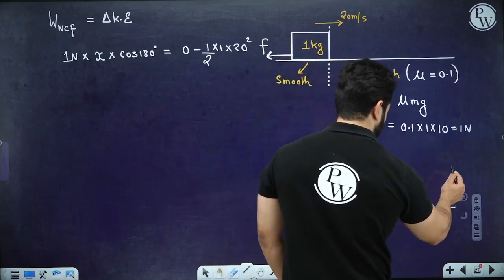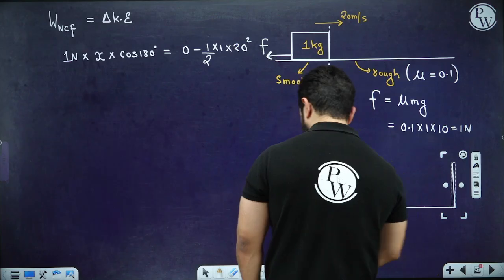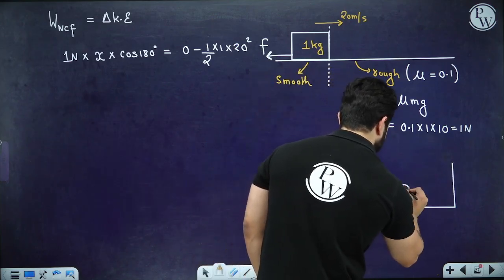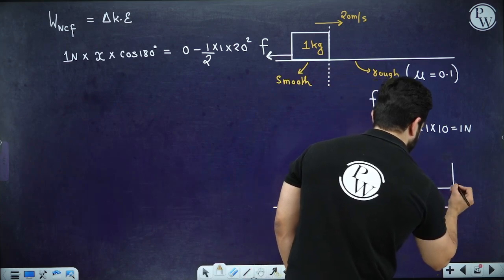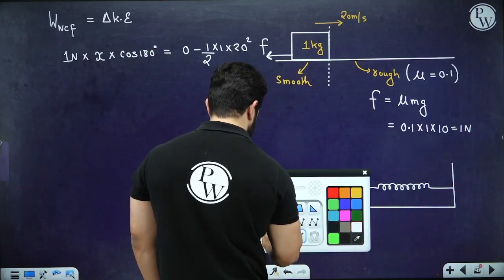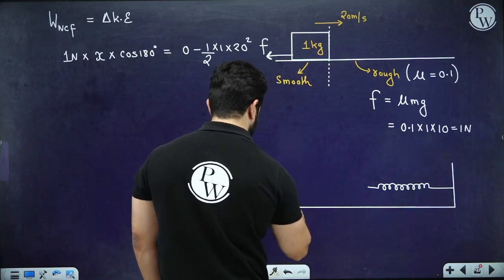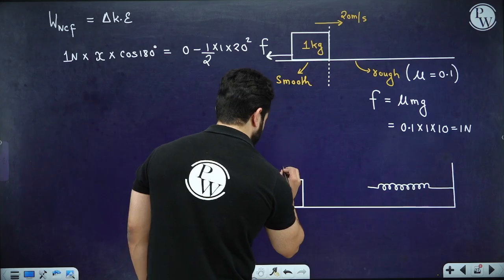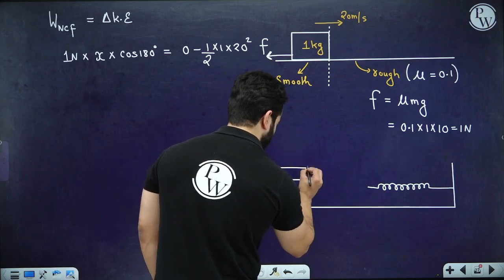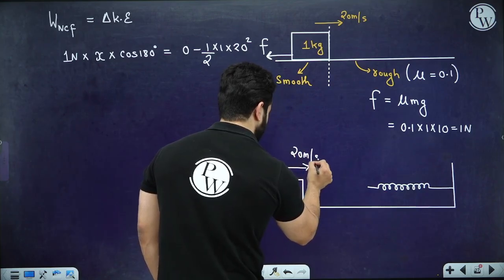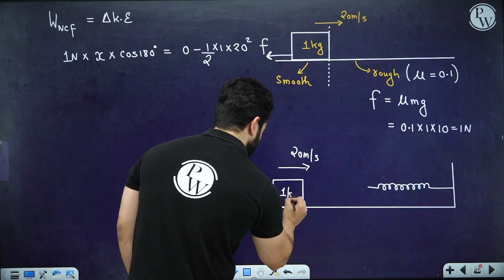Now we have got one more element, and that is a spring. The body is moving with a certain velocity of 20 meter per second, mass 1 kg.